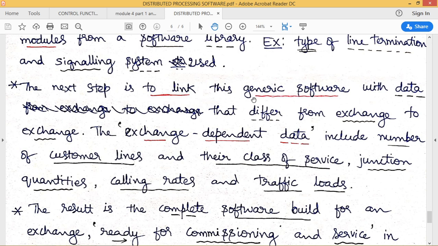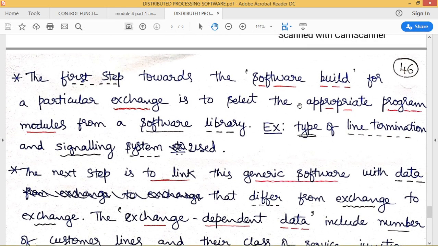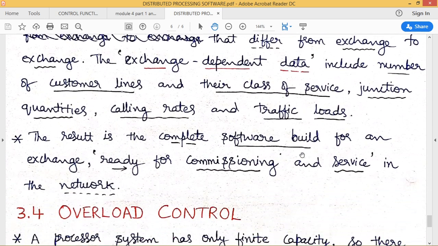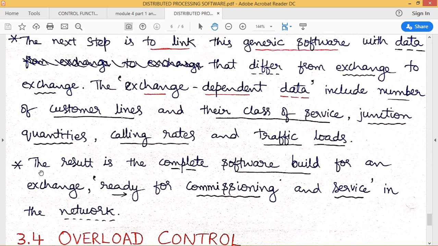All those data must be linked to the particular software. That is the next step that we have to deal with once we have built the software. Next, once we have done all those steps of building the software and dealing with the data that should be given for an exchange, we go for commissioning and servicing.